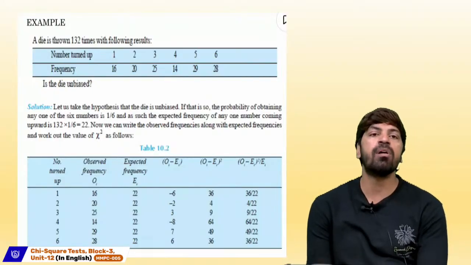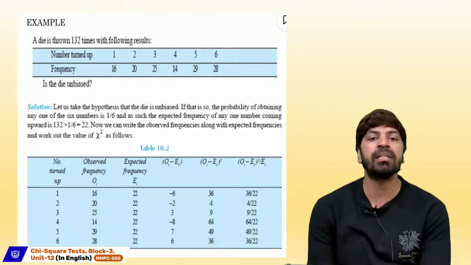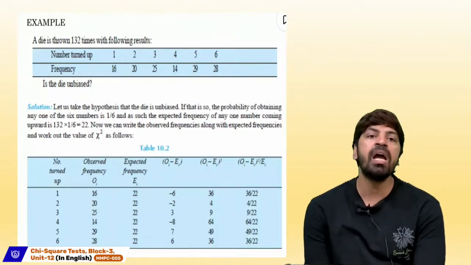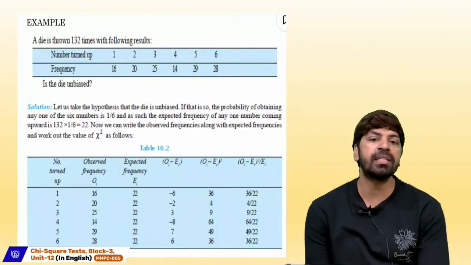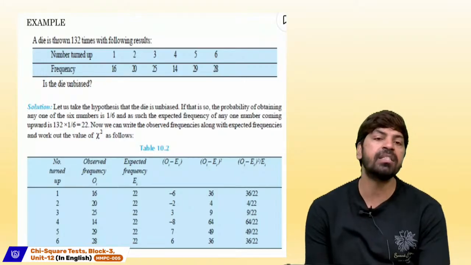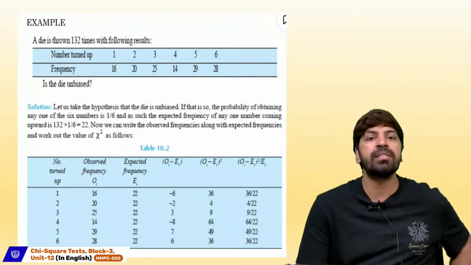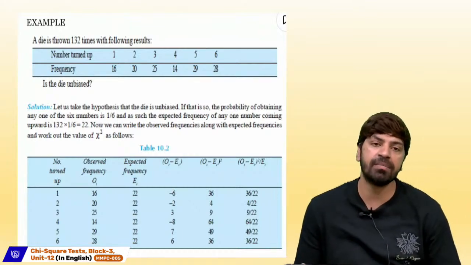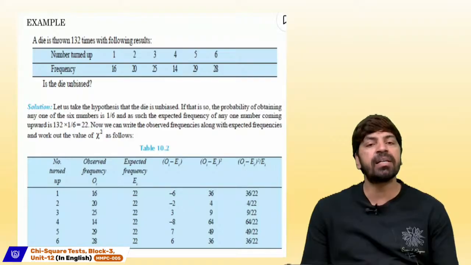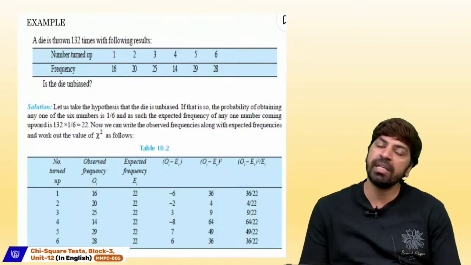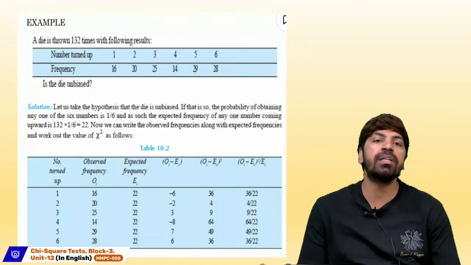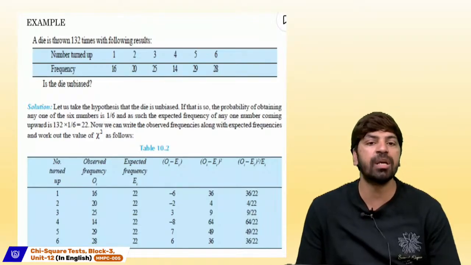In the question, the number turned up, that is 1 to 6, and the observed frequencies, that is 16 to 28, are already given.